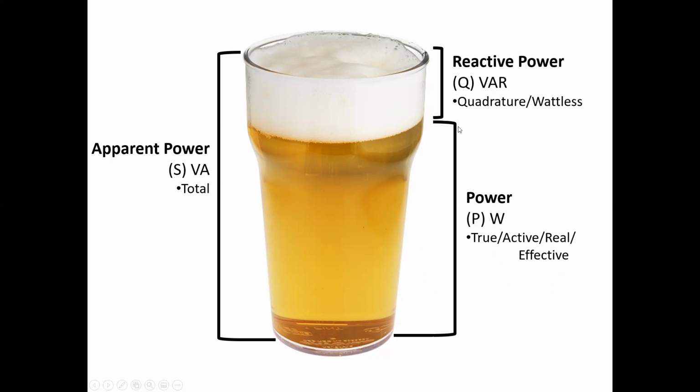But after this presentation, this here, this is referred to as reactive power. And reactive power is represented with a Q in electrical equations, and it's measured in VARs. VARs are volt amp reactive. And that's referred to as quadrature power or wattless power. And so you see that it is identifying the top portion, which is the head of that tasty, cold, clean, palate cleansing pint of beer.